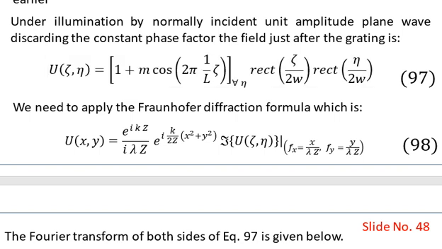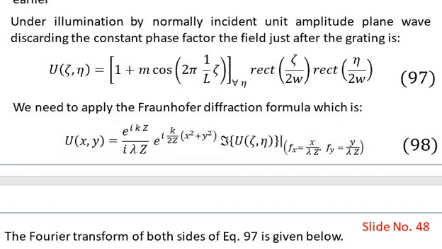We need to apply the Fraunhofer diffraction formula, as given in equation number 98, where u of x comma y is the output field, the field at the point x y at the output plane. It is equal to e to the power i k z over i lambda z multiplied by e to the power i k over 2z into x square plus y square, and of course the Fourier transform of the input field evaluated at the Fourier frequencies fx equal to x over lambda z, fy equal to y over lambda z.